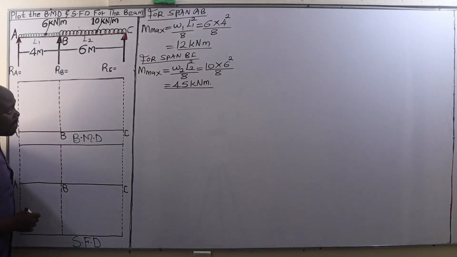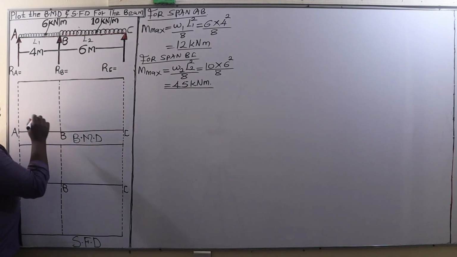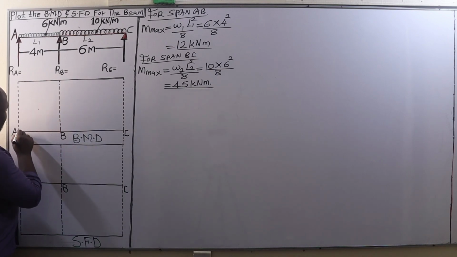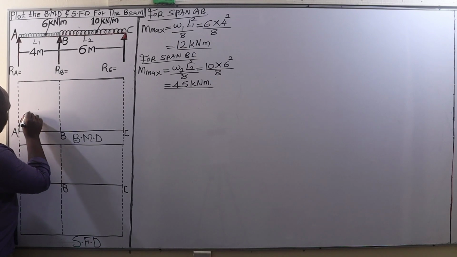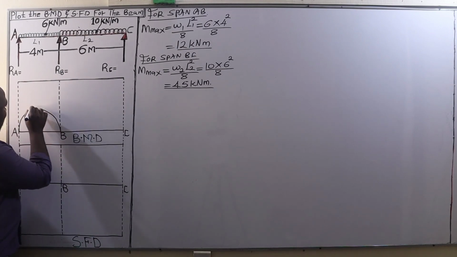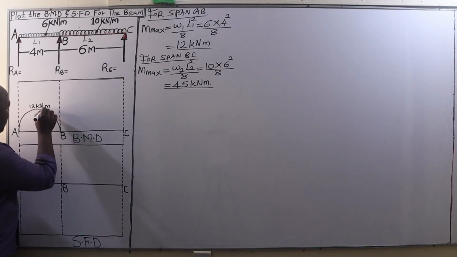The maximum bending moment between the span AB is 12 kilonewton meter. Let's approximate it at that point, which is going to be a smooth curve. We have 12 kilonewton meter.